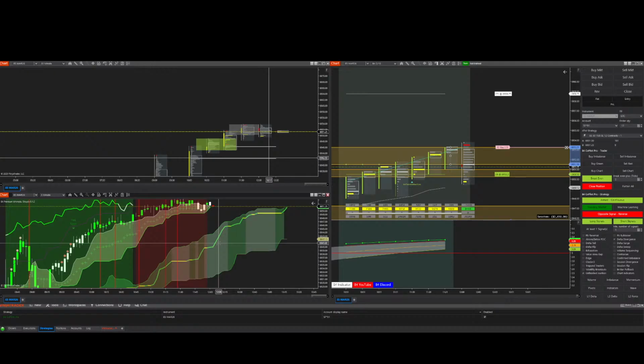So what I could do here is come on either side of this value area and place a scalp. I've got a buy order waiting right there.